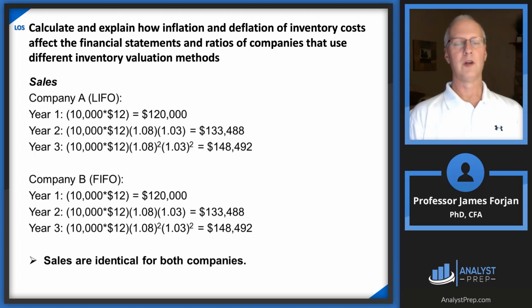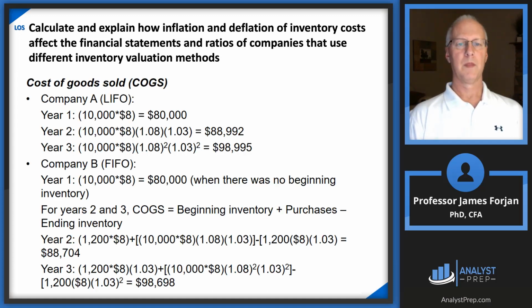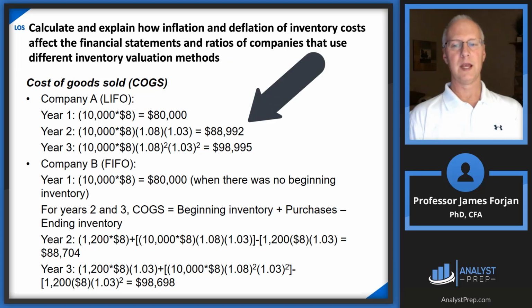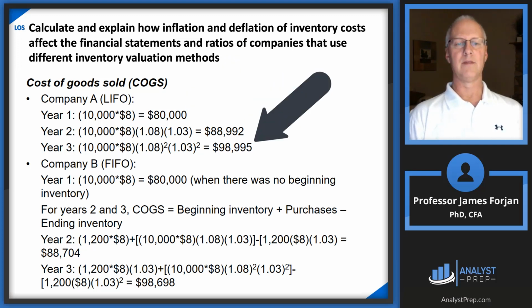Now, the sales under both LIFO and FIFO, they'll be identical. And so I don't need to spend too much time on this slide. Feel free to pause it if you need to. But then cost of goods sold, and this is pretty much the math that we just did on those previous tables, but it's important to note that under LIFO, those cost of goods sold go from 80,000 to 88,992 and then to 98,995.